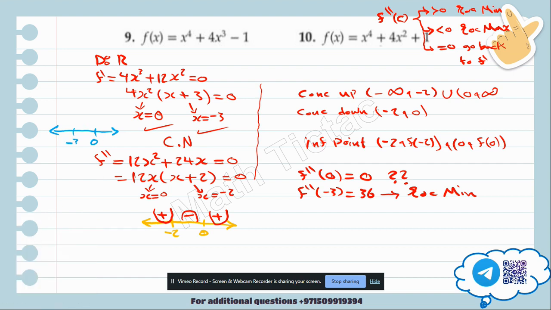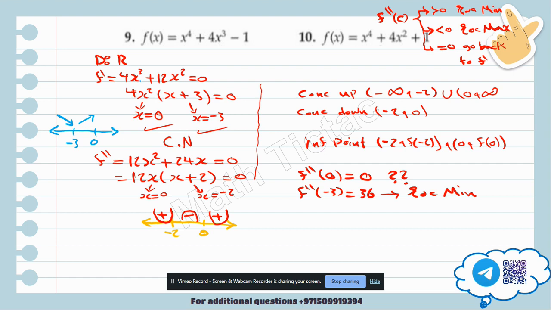Now we already know that we have a local minimum at minus 3, so it will be down, up. So let's test a value after the 0. If we substitute any value after the 0, say the value 1, we will substitute it in the derivative.